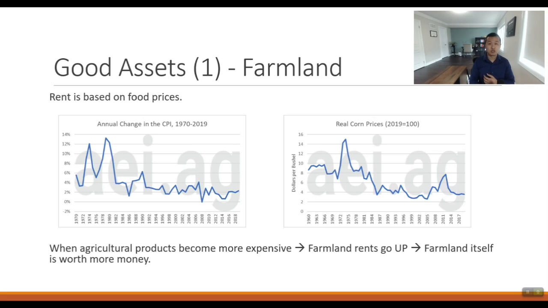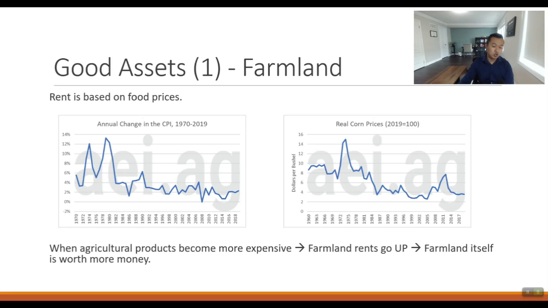Clearly, you can hedge through futures contracts, but as regular people, we're not trading futures contracts. And if you don't understand the futures mechanism, you can easily lose a lot of money very, very quickly. But how do you buy an asset that has good income-producing characteristics while being not volatile, very safe? It's probably farmland.